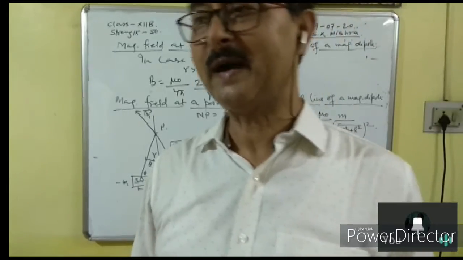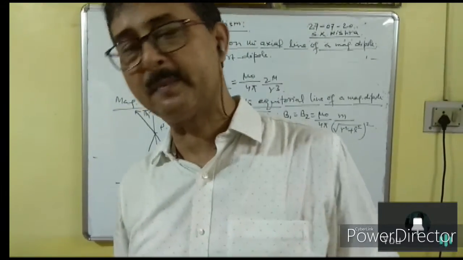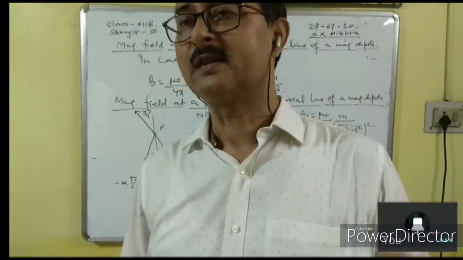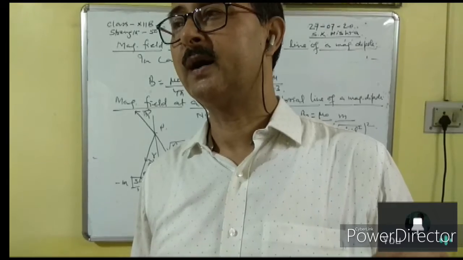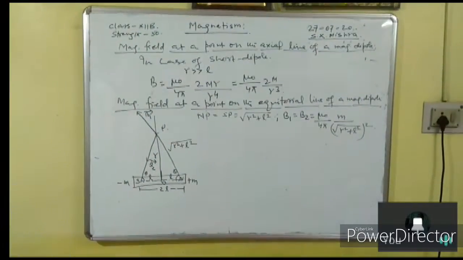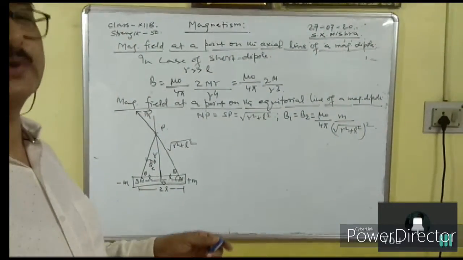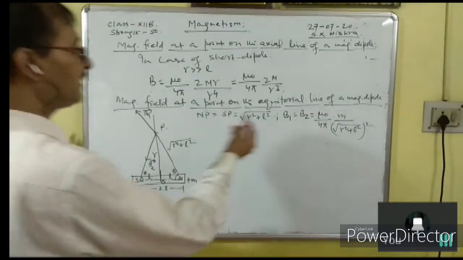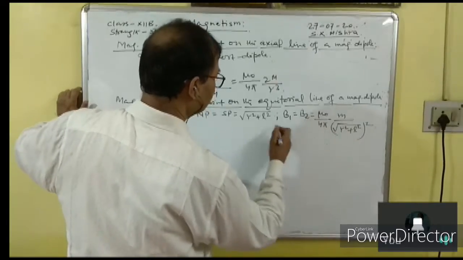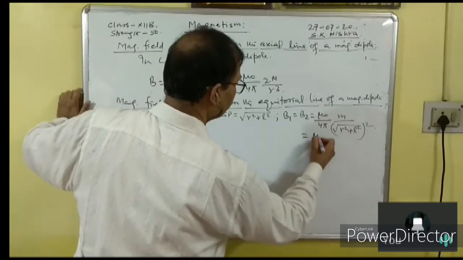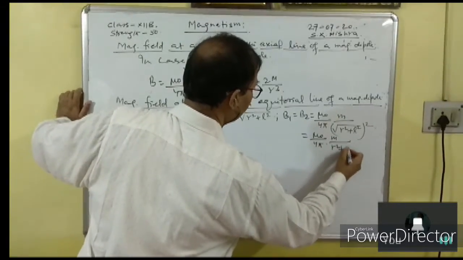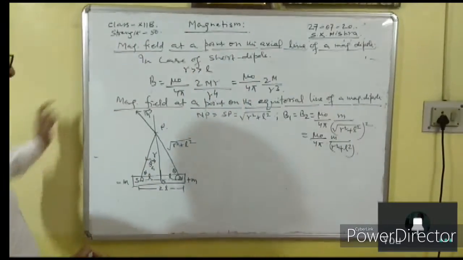Now we consider a point. This is plus M, this is minus M, pole strength. Now consider a point P here. This distance is R, this is center O. Now, how will you find this distance? Yeah, under root R square plus L square.